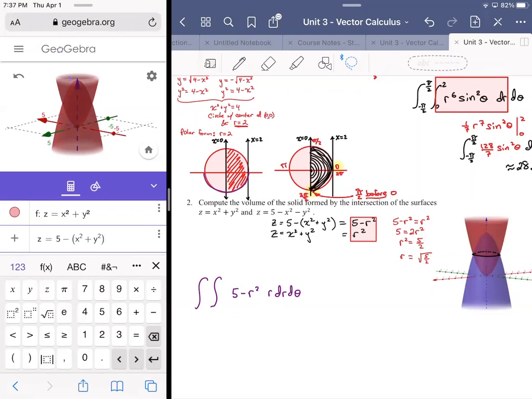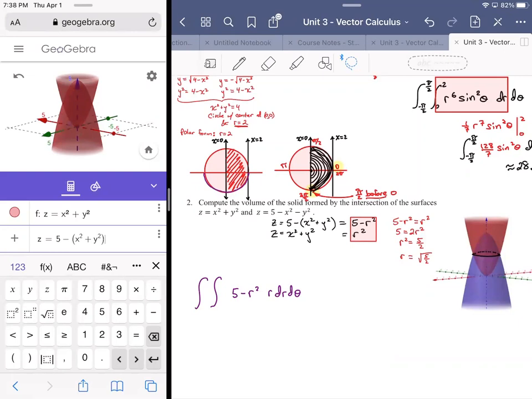But there is that genesis of the idea that dx dy turns into, when we get into polar coordinates, cylindrical coordinates, r d theta, right? So I'm finding the volume that's trapped beneath that surface.